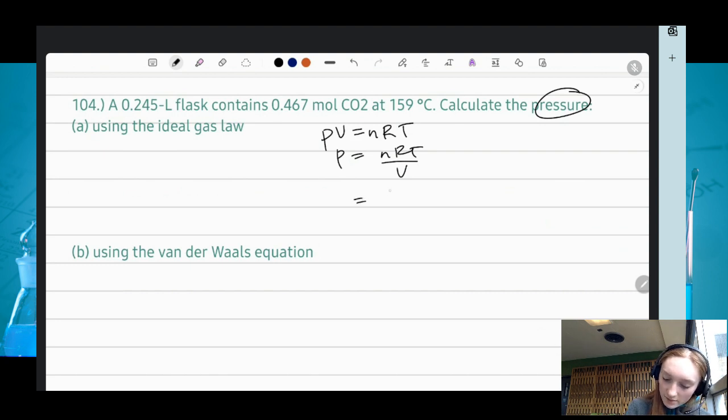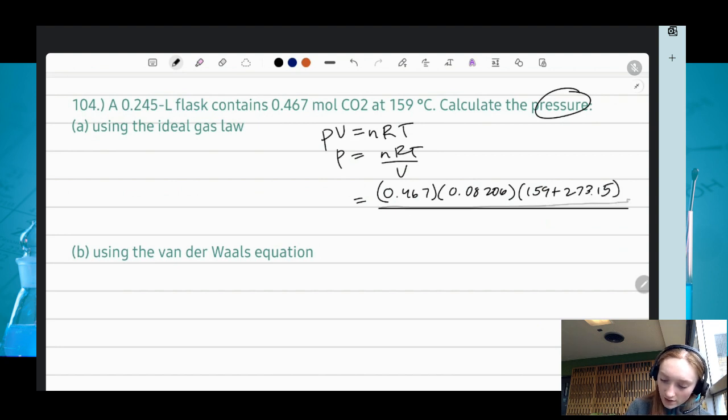So n, the amount of moles, is 0.467 from the problem. 0.08206 is the R value. The temperature is 159 plus the 273.15 to convert it to Kelvin, divided by volume, which is 0.245. So solving for all of that, we will get a value of 66.1 atmospheres.